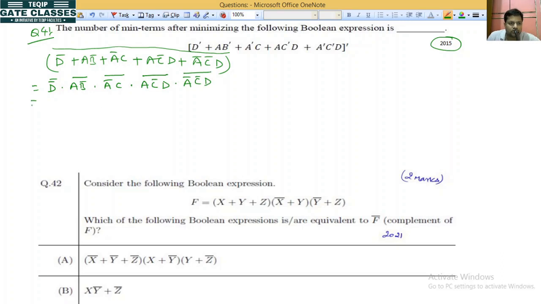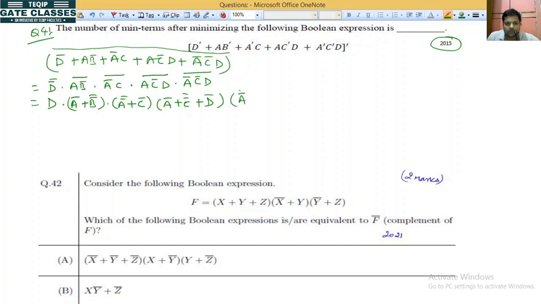Now, it will be D because we have taken double complement. It is A bar plus B double bar. This one will be A double bar plus C bar. This will be A bar plus C double bar plus D bar.